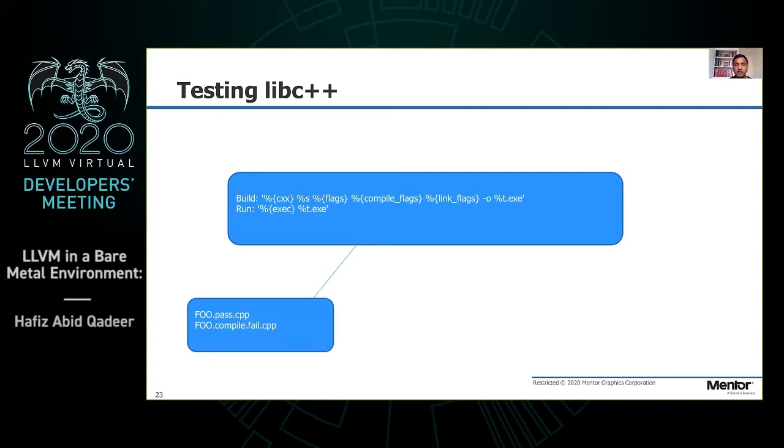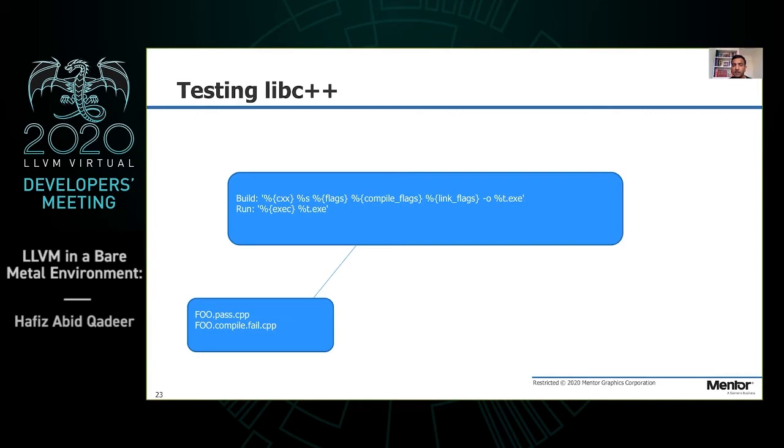First one is the name of the test case. It tells the testing infrastructure what it needs to do. For example, if the name is foo.pass.cpp, it tells the testing infrastructure that the test case needs to compile, link, and run. If all the steps are successful, then the test is a pass.